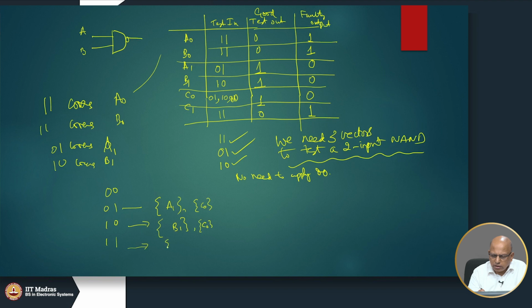One is required to cover A0, B0 and C1. So, we have covered A0, A1, B0, B1, C0, C1. We have covered all the faults. This was not required.